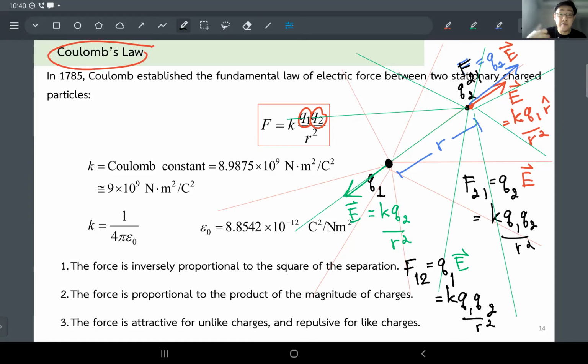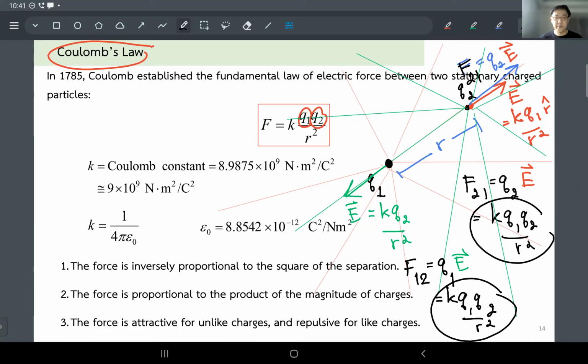Q1 will experience a force due to Q2, and Q2 will experience a force due to Q1, but we explain everything in terms of the electric field. Then you link the field to the force by just multiplying by the charge at the location of the field, and you are done. You get back Coulomb's law. Voila. And it's following Newton's third law, action equal to reaction. Q1 is kicking Q2, Q2 is also kicking Q1 back.